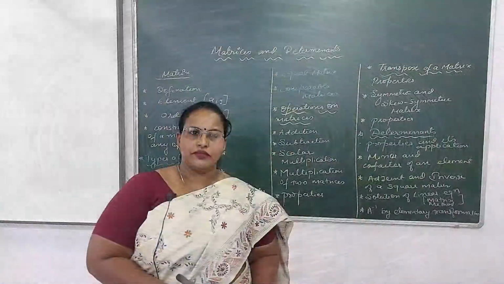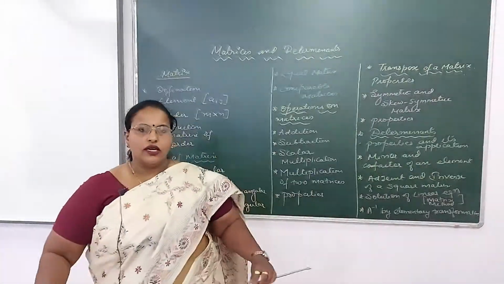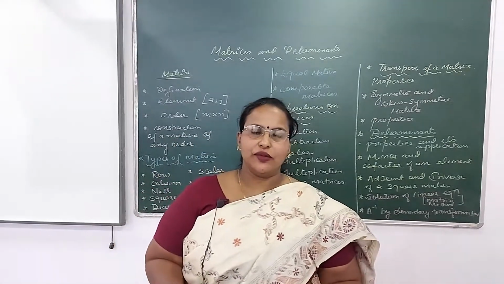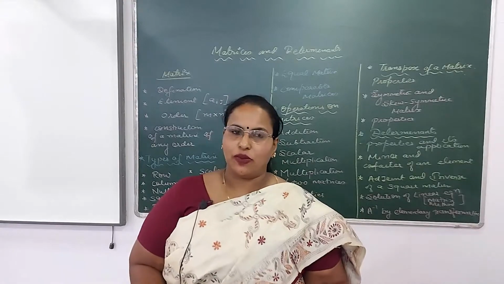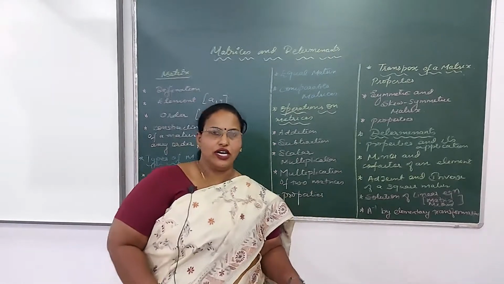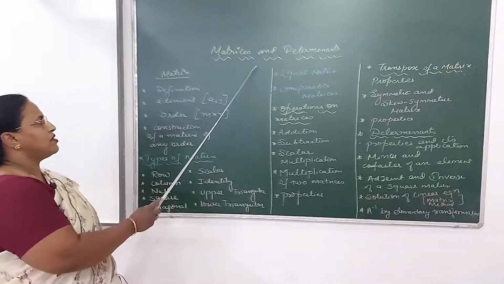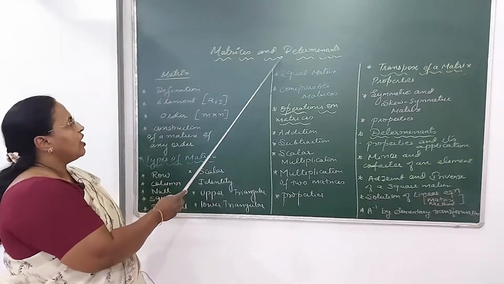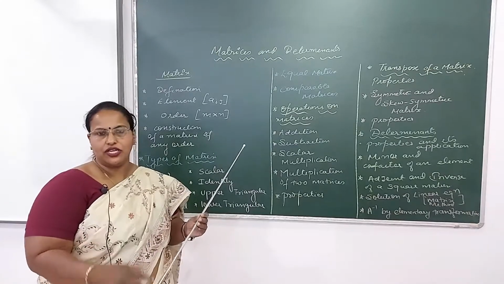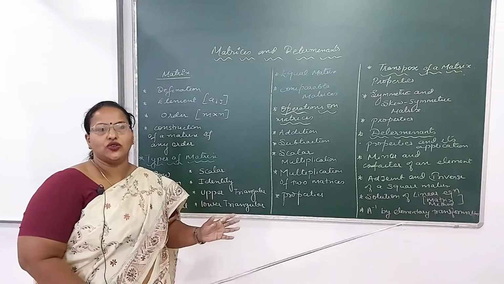Okay. So students, a quick recap of the chapter matrices and determinant. Almost all the topics I have explained. Now a quick revision of what we have learned so far. Say this, the chapter matrices and determinant, a very important chapter, and moreover after studying you understood that it's easy also.